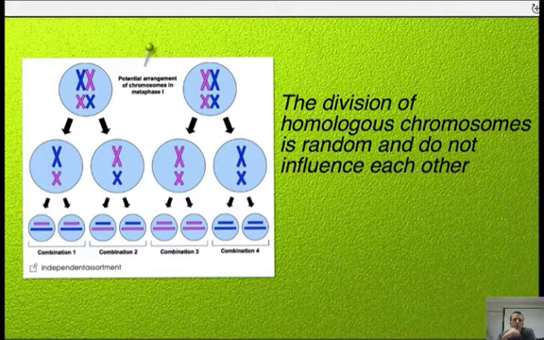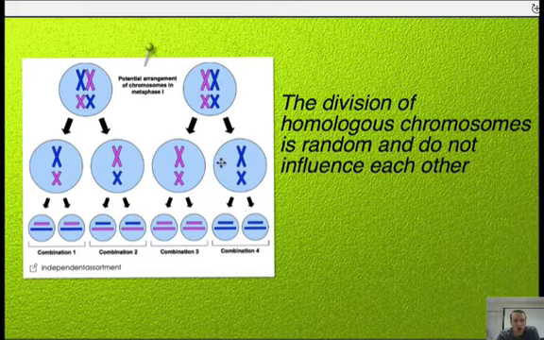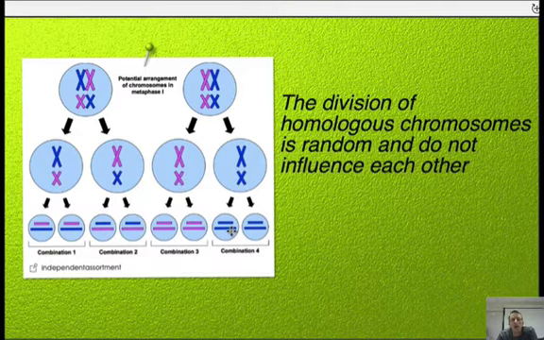So the division of homologous chromosomes is random and they do not influence each other. That's the law of independent assortment. As you can see here in the video, you have these divisions of the cells, and you can have two different combinations. You can have a combination that looks like this, a combination that looks like that. So it's just by random.